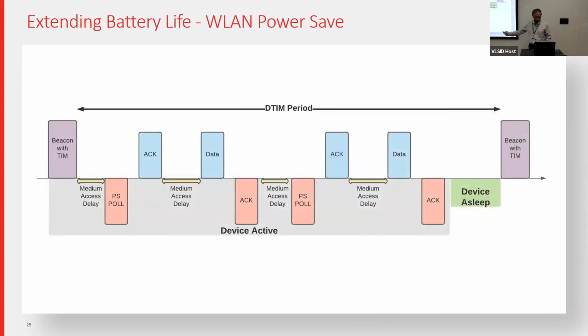So I already told you about how wireless LAN power save uses DTIM. One of the problems in the IoT world is increasing density. More than hundreds of devices are there. So when there is more density, there is more contention. You as an IoT device wake up after 300 milliseconds and decide to tell the access point, I'm awake, please send your data.